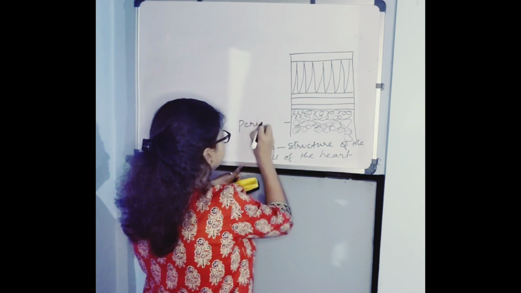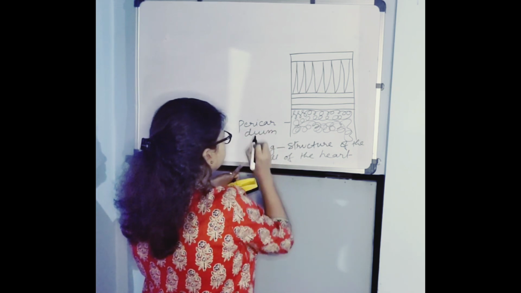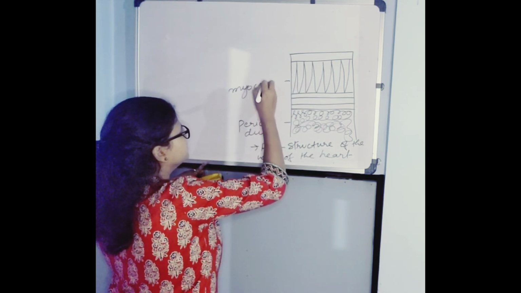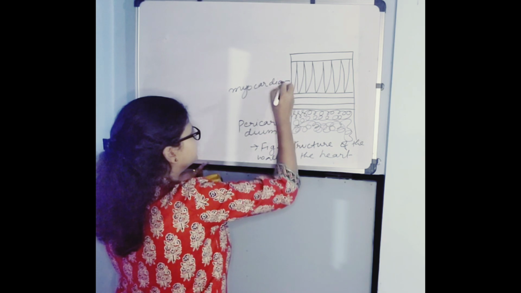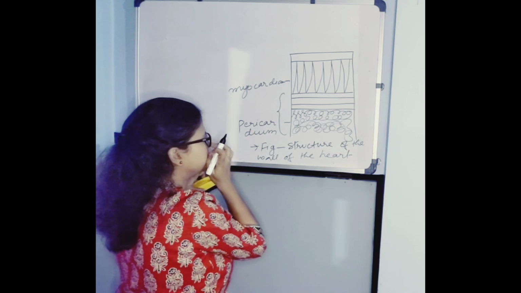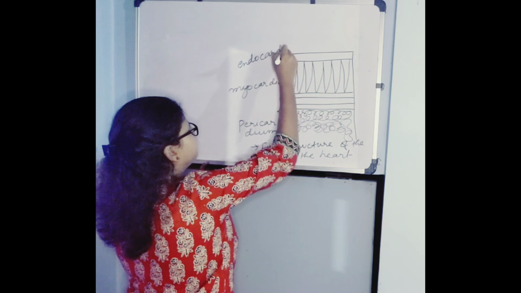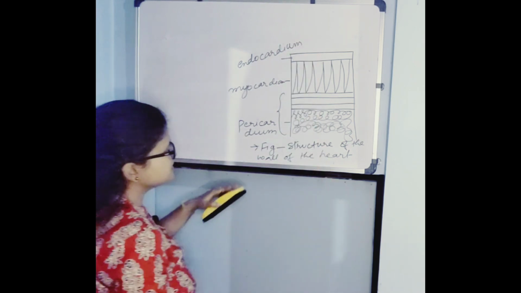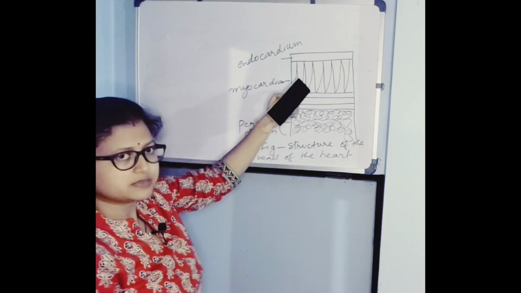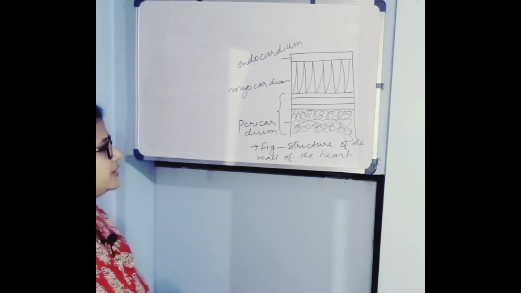This is the pericardium. This is your myocardium. Actually, this whole is the pericardium. This is the structure of the wall of the heart. This whole is the pericardium, the middle one is the myocardium, and the inner one is the endocardium. Okay, now we will be learning about the pericardium.